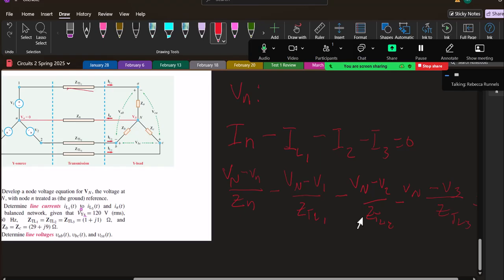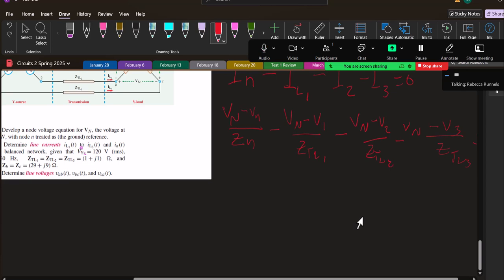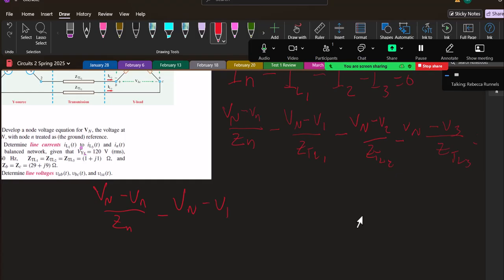So it should have been V big N minus V little n over Zn minus V big N minus V1 over Z transmission line 1 plus ZA minus VN minus V2 over Z transmission line 2 plus ZB minus VN minus V3 over Z transmission line 3 plus ZC equals 0.